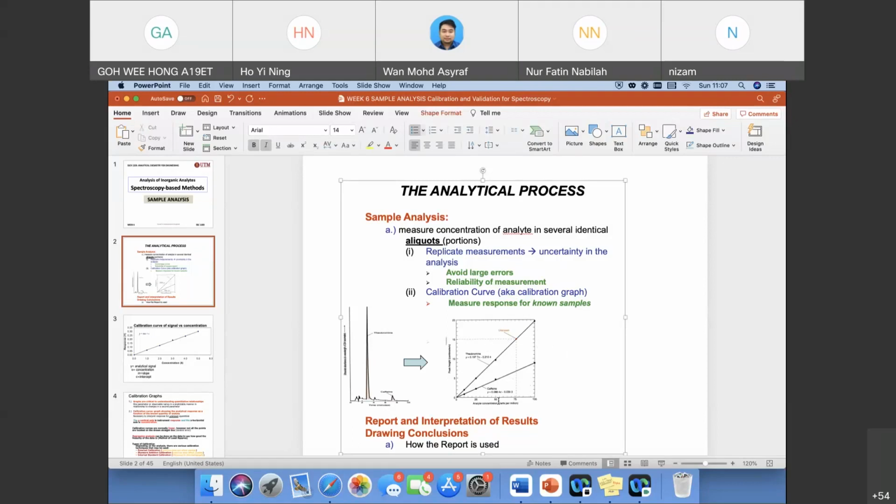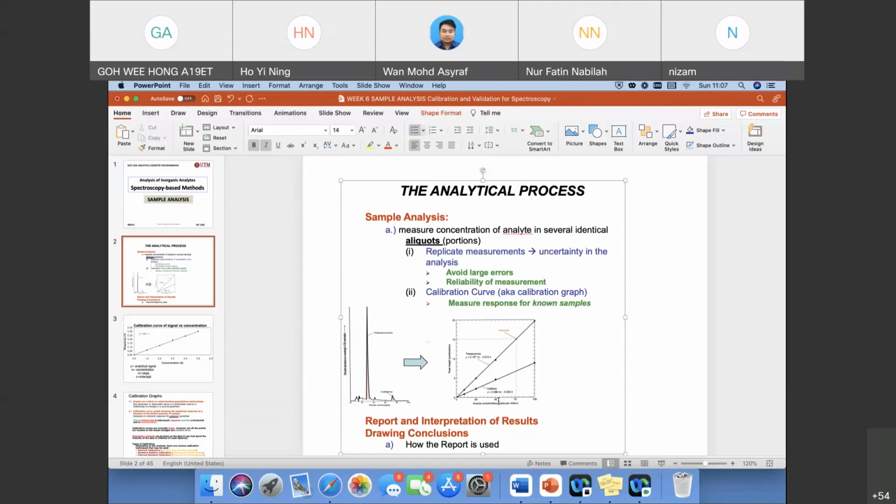Calibration curve means that you need to create a series of standards with different concentrations. For example, you create 1 ppm, 5 ppm, 10 ppm, and 20 ppm. So you have 1, 5, 10, and 20. So when you do your analysis, you already know that the concentration keeps on increasing, from 1 until 20. So your response also will be in an increasing order.